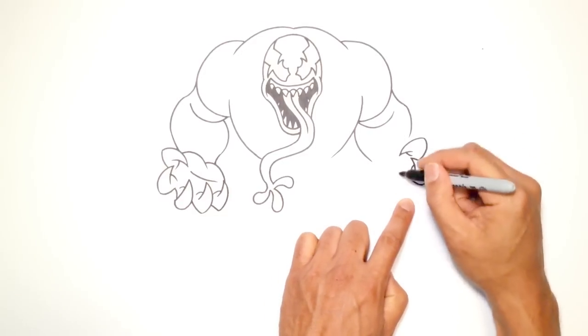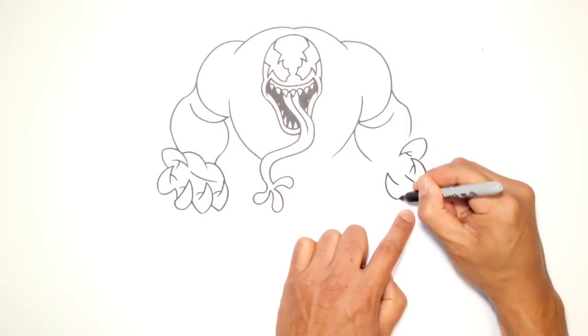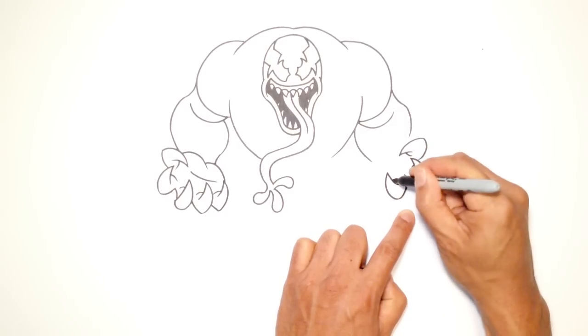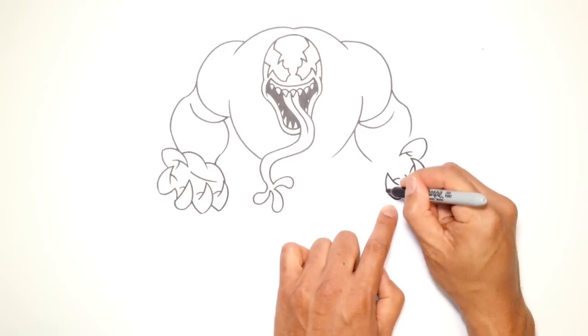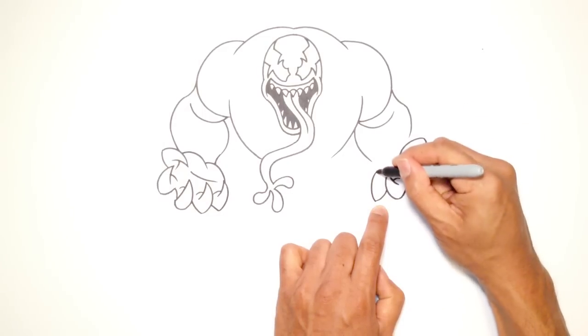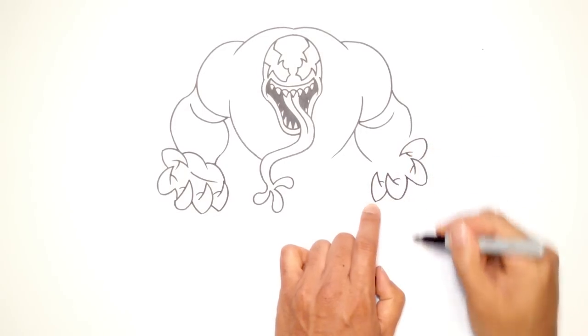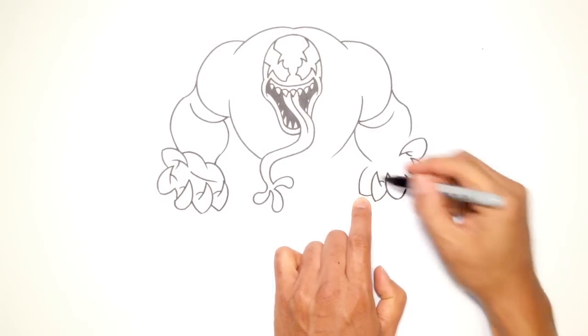Right about here, I'll draw another claw like so. Probably tuck this in like that. Draw a wrinkle for that finger, and then we'll draw one more finger here like this. Draw a claw, and I'll tuck this last one in like so.